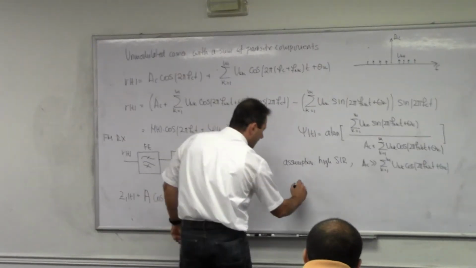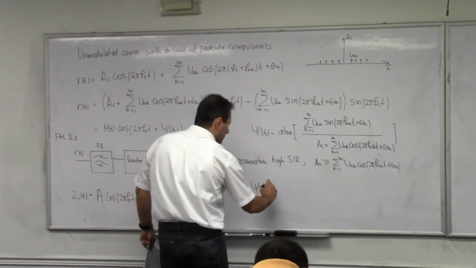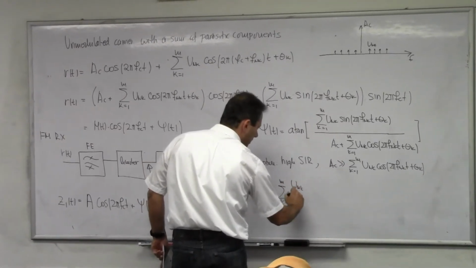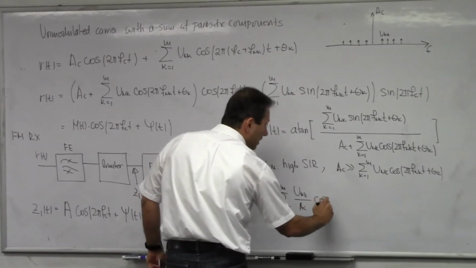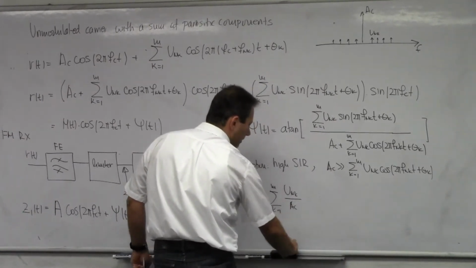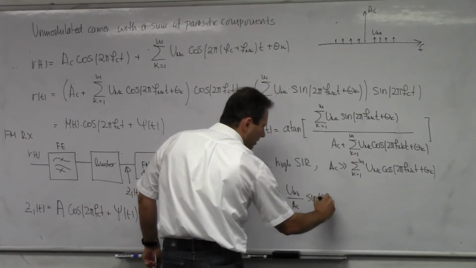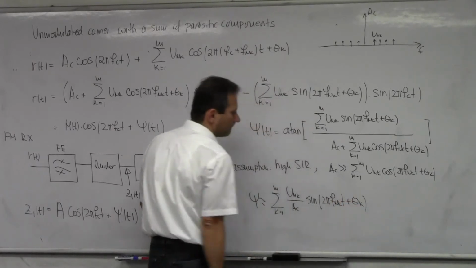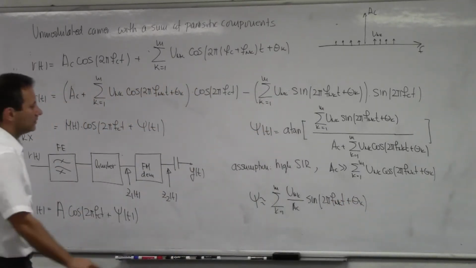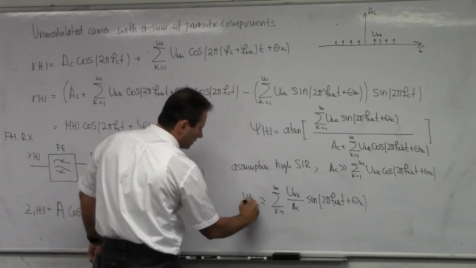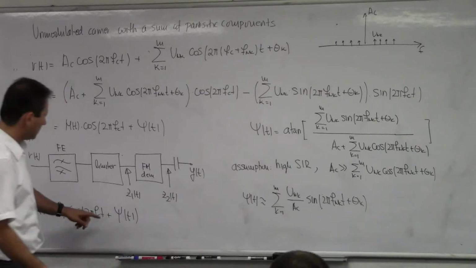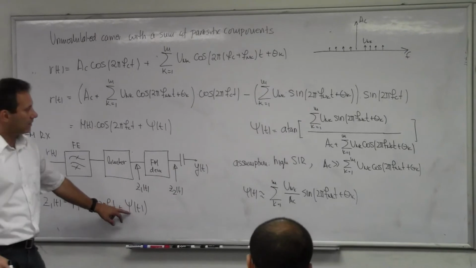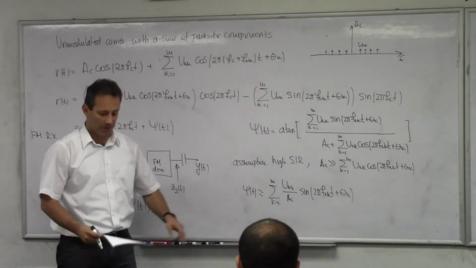So your phi of t approximately becomes sum when k goes from 1 to n A_nk over A_c times sine of 2 pi f_nk t plus theta k. So that's your phi of t, right? In the expression of the signal z1 of t, phi of t is essentially this piece here.